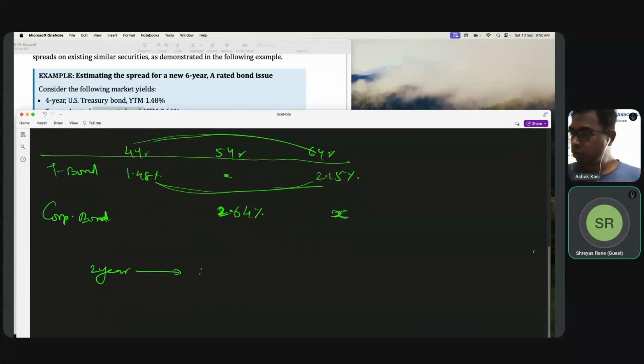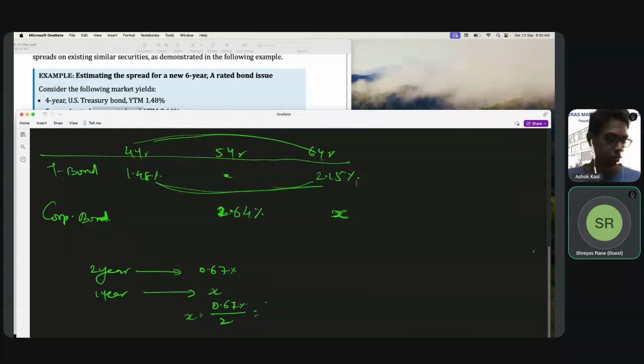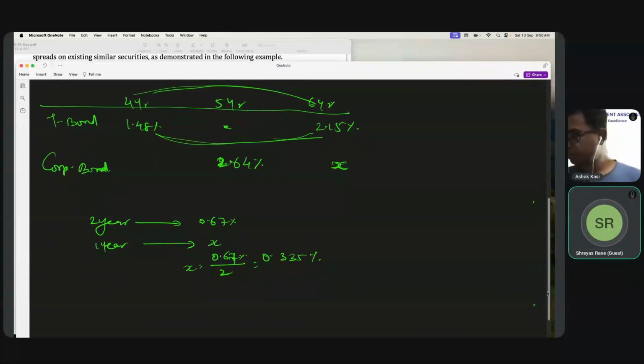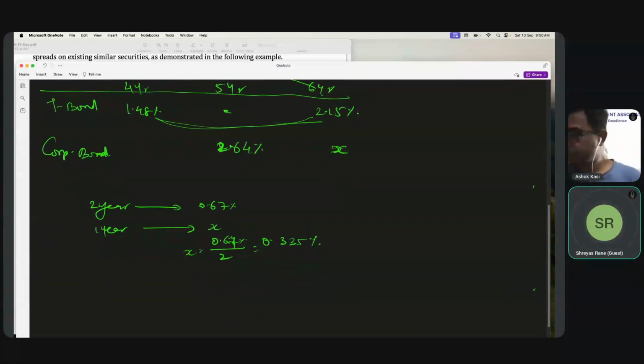1.48 minus 2.15 is 0.67 percentage. So for 1 year, how much will it be? 0.67 percentage divided by 2, which is 0.335 percentage.